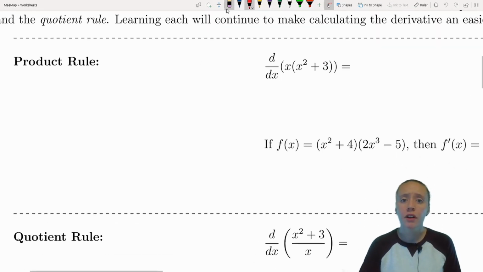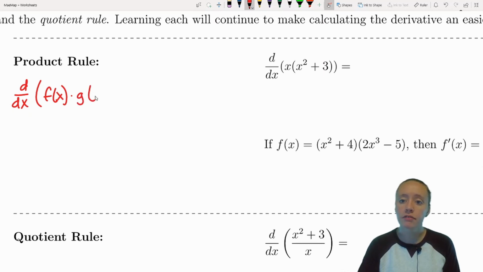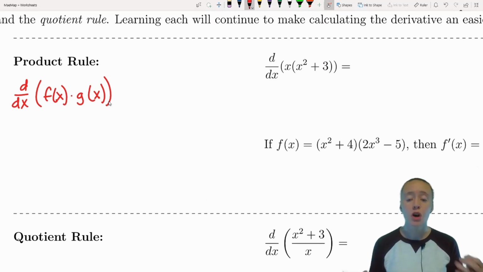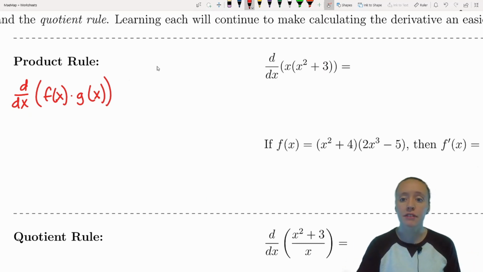Alright, so let's go over the formula. If we're trying to take the derivative with respect to x of some function f of x times some other function g of x, we can't just take the derivative of each and multiply it together like the sum rule. We actually have to do something a little bit different.